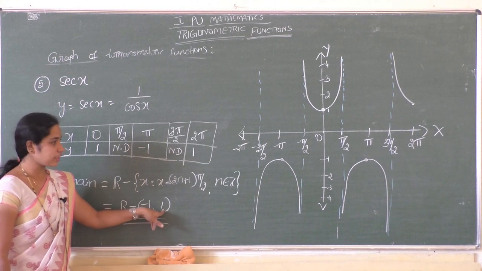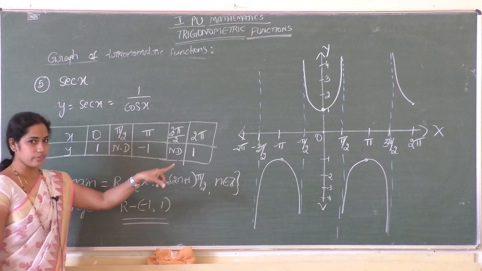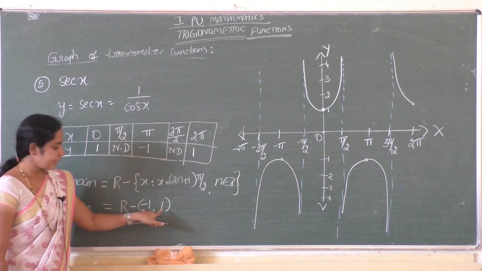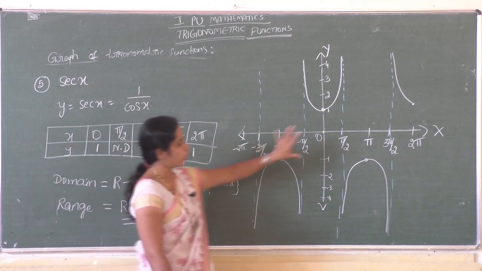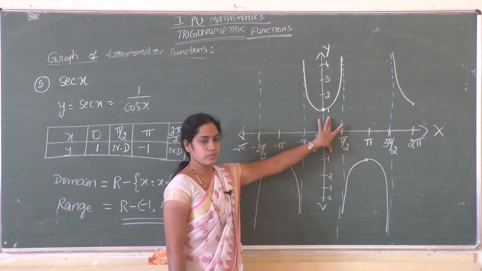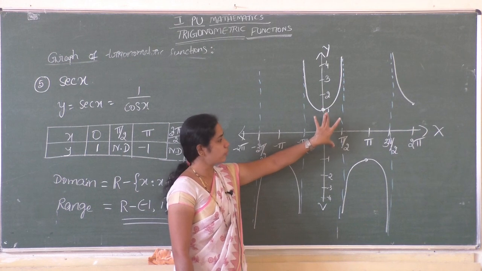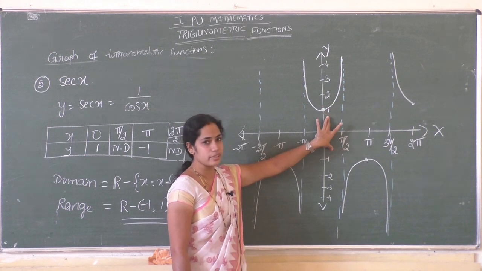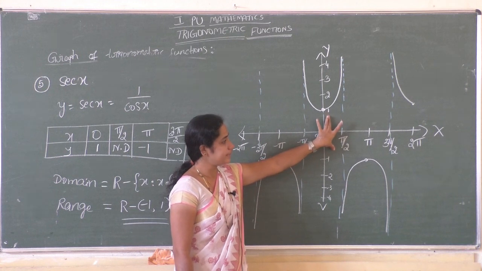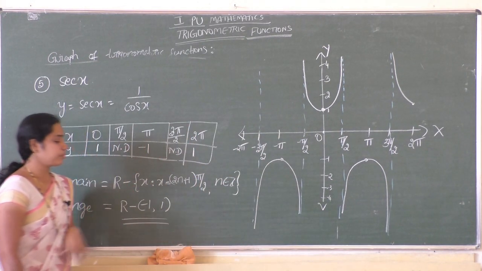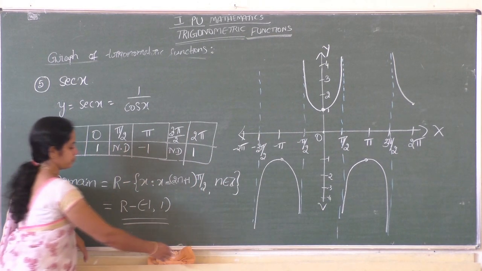Both minus 1 and 1 are included in the graph. In between values are not there in the range.